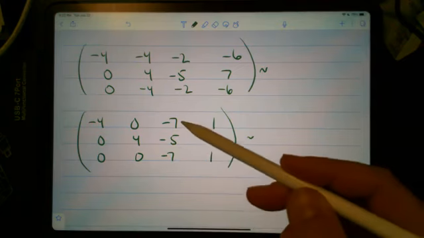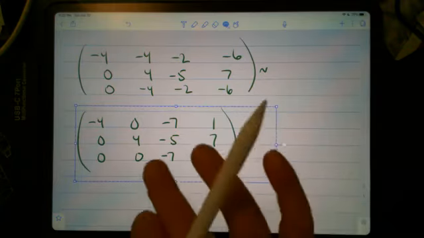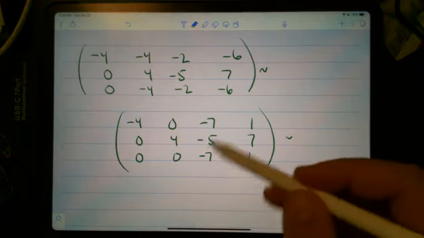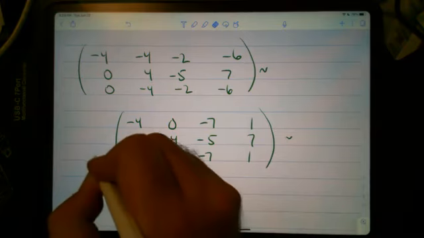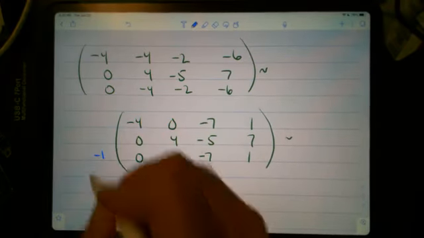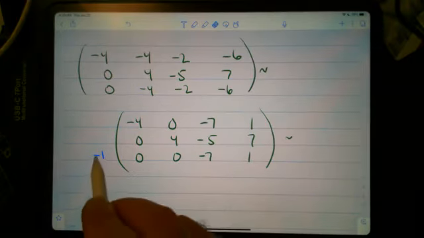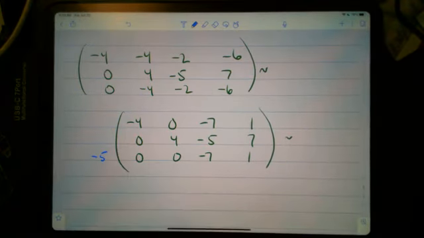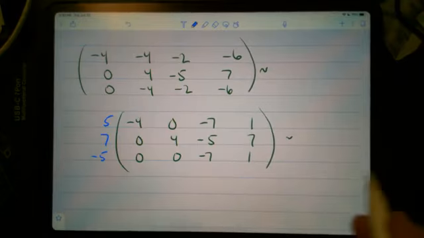So now I'm going to want this to be a 0 and this to be a 0. And so let's multiply. Actually, -5 on this row, +7 on this row, and a +5 on this row.